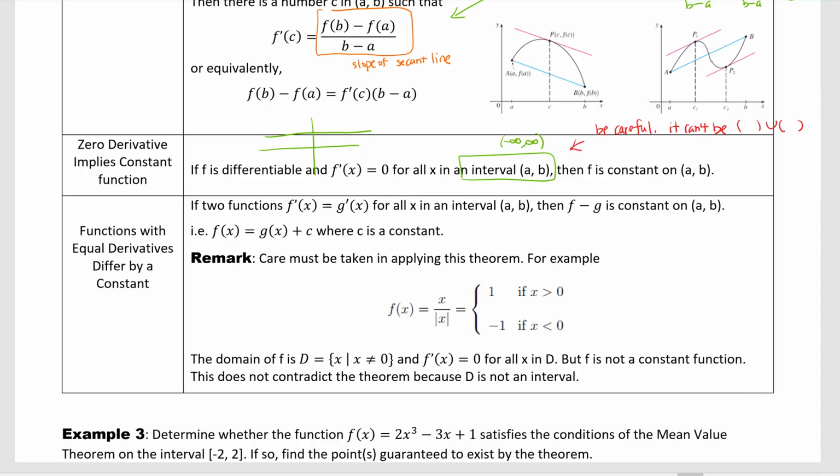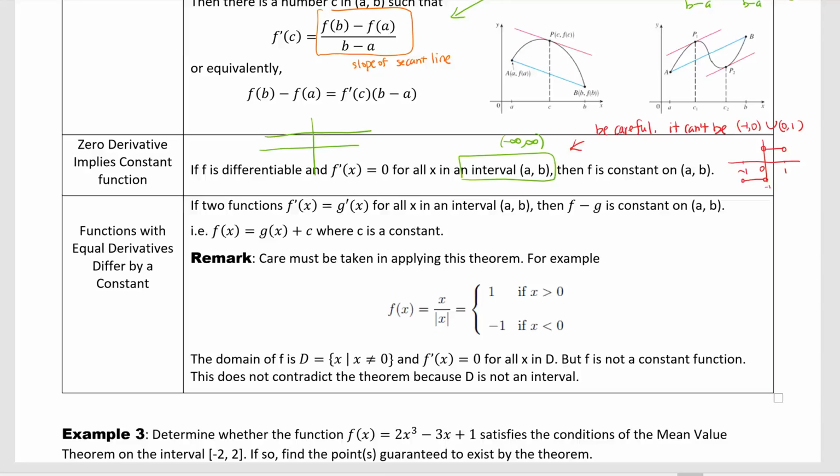For example, let's look at this picture. We have 0, we have -1, we have 1. I define my function to be -1 here, and I define my function to be 1 here. So you can see this function is defined from -1 to 0 and from 0 to 1. So it's not one piece of interval.